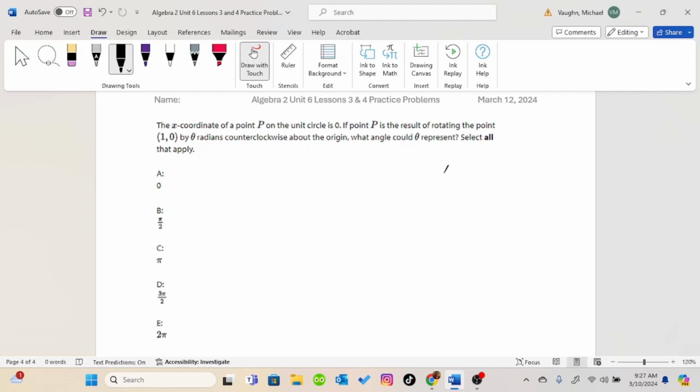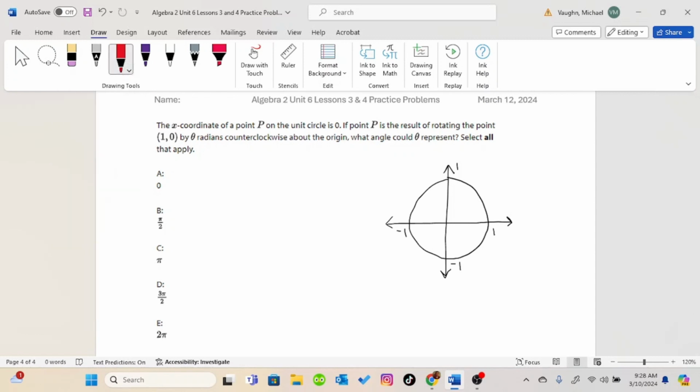So for this, I'm going to draw a diagram. We have our unit circle, so we're at 1, 1, -1, -1.